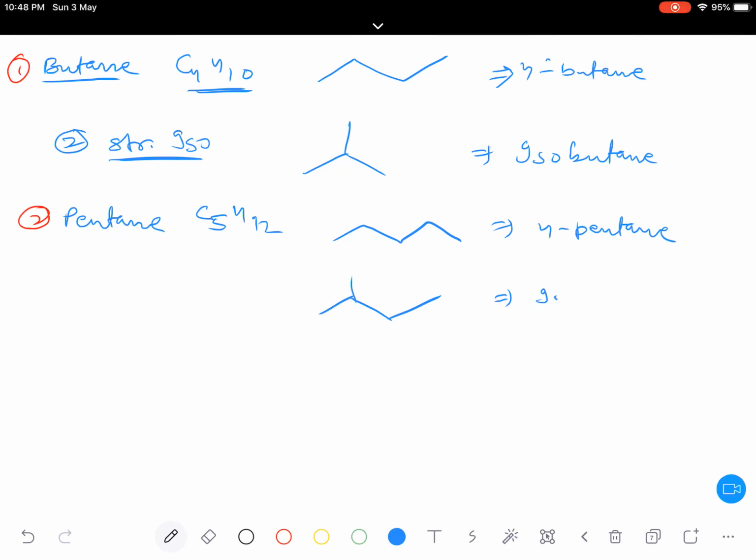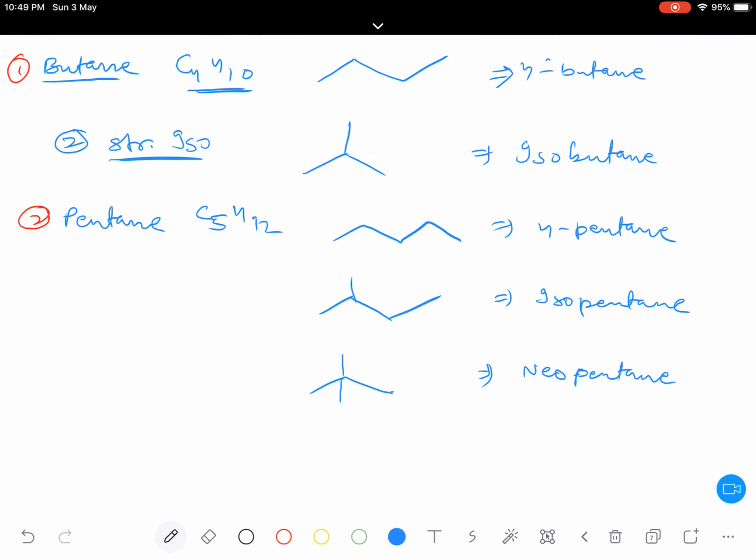So here I can write it as isopentane, or I can just write 2-methyl butane. The last one here, if I write this one, it will come out to be neopentane. Similarly, you can find out for hexane also, right?